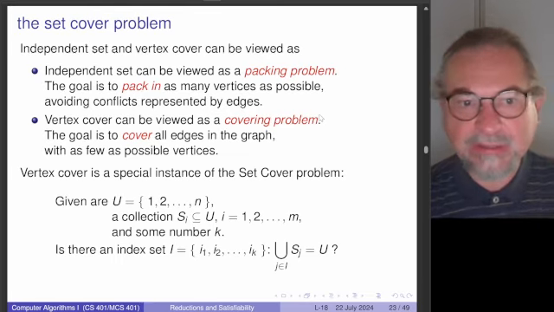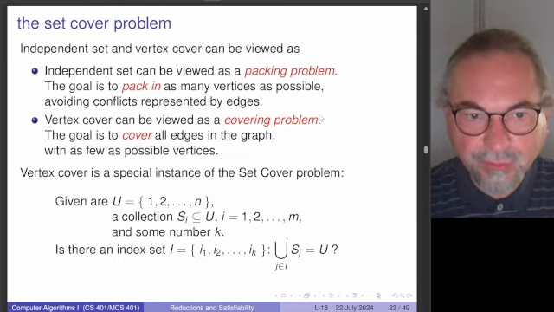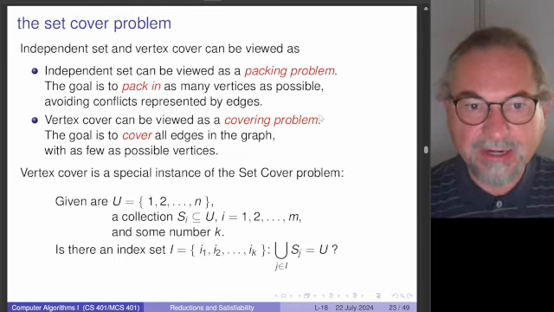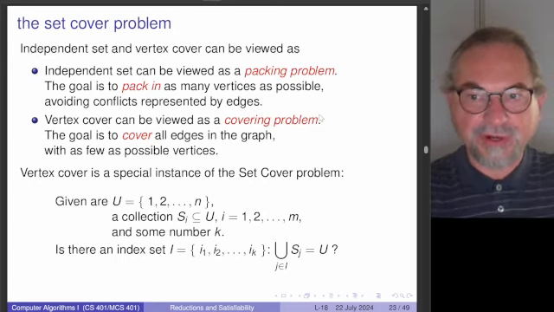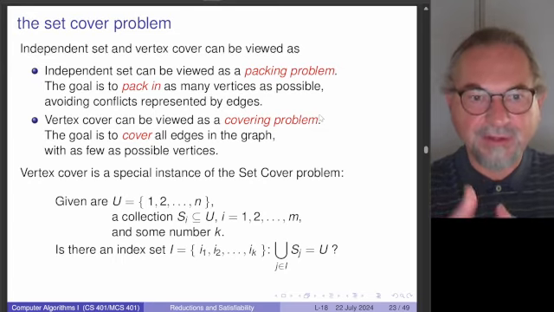So for vertex cover, you're looking at the edges in the graph. For edges, you are considering pairs of vertices.